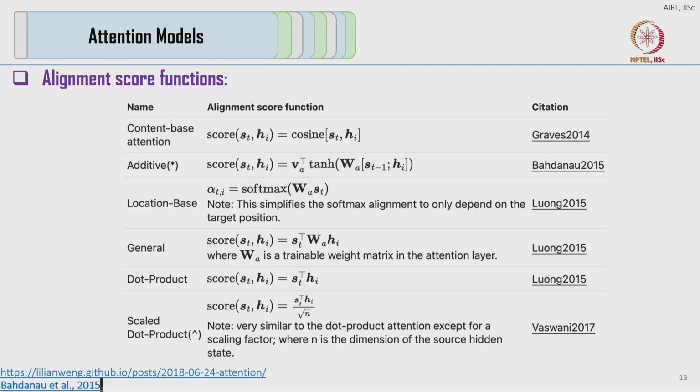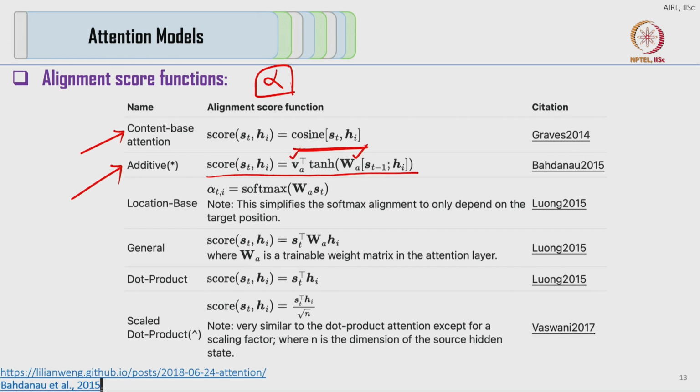Now, there are various ways in which we can calculate the score, or essentially generate alpha, right. It could be content based attention, which is essentially just taking the cosine similarity between S and H, right. It could also be in this particular format, which is additive, which defines the score given here, where W and V may be learnable weights, right.